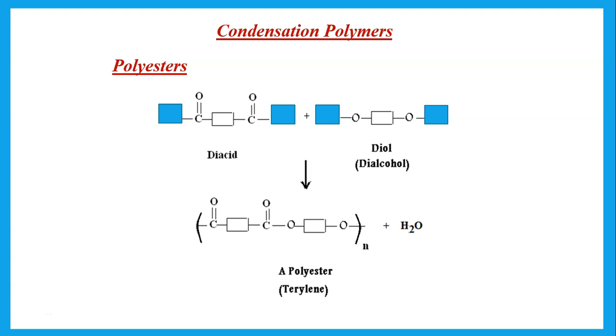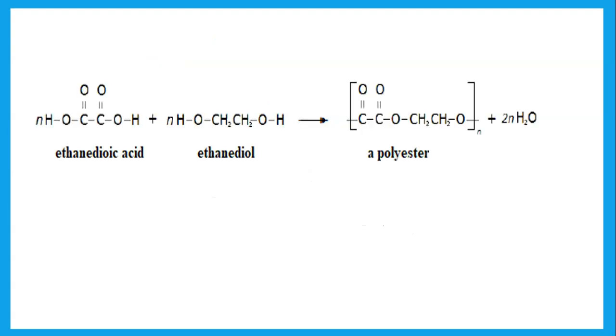Now, if I'm starting with carbons, you just put carbons instead of the boxes. Remember that if the question says draw the structure of a polyester or the structure of terylene, terylene is an example of a polyester, that is what you draw. And remember, we removed H's and OH's, which means my other product is water.